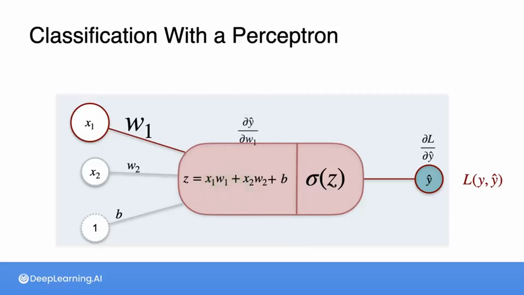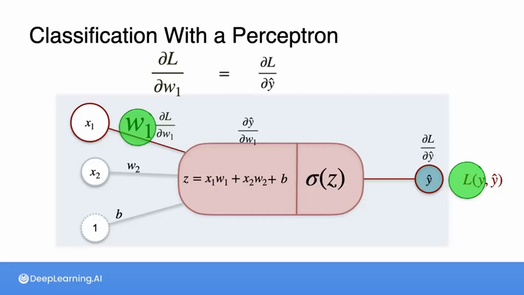And finally, that tells us how much L is affected by W1. And the missing piece is the partial derivative of L with respect to W1. That's the one we really want to find. Why? Because that one's the one that tells us how much W1 affects L and in what direction. This one is calculated using chain rule. ∂L/∂W1 is ∂L/∂y hat times ∂y hat/∂W1.